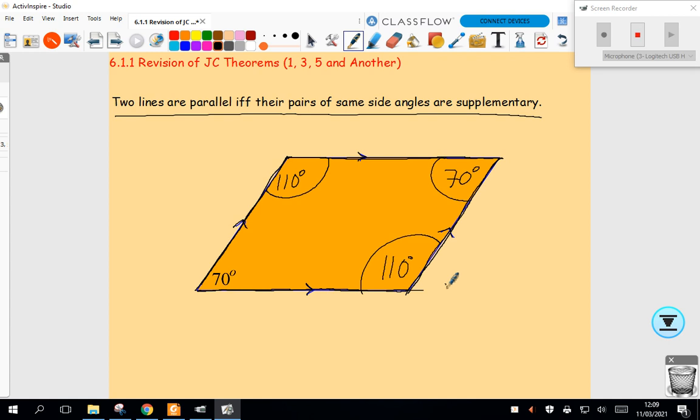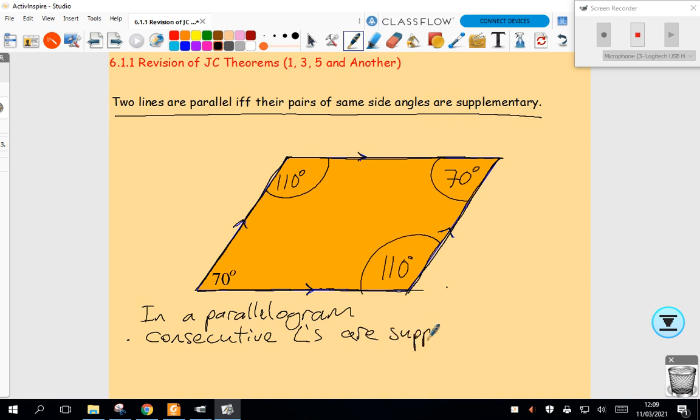Notice in a parallelogram, a result of this is two things. First of all, consecutive angles are supplementary. And second of all, opposite angles are equal.